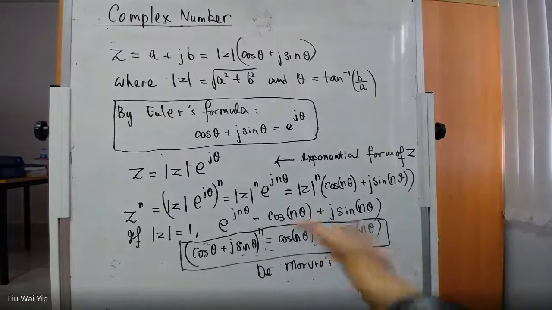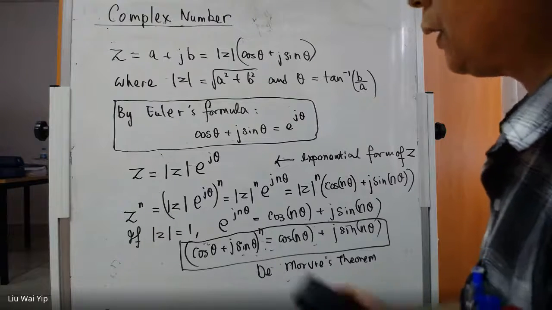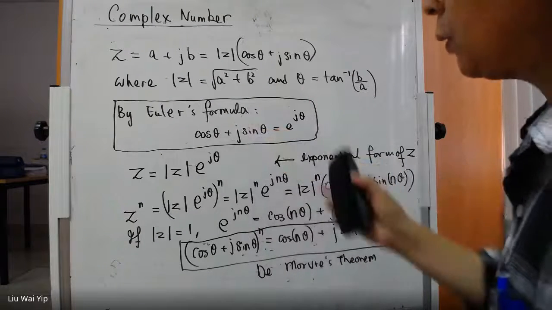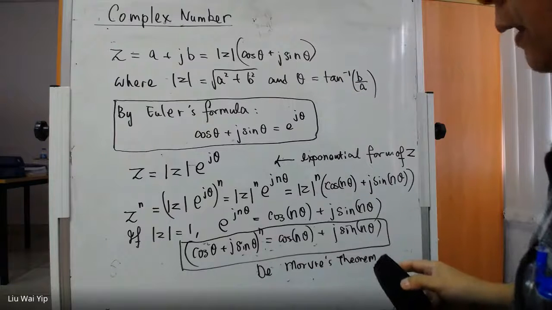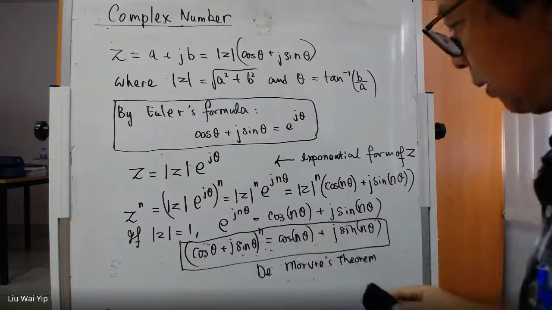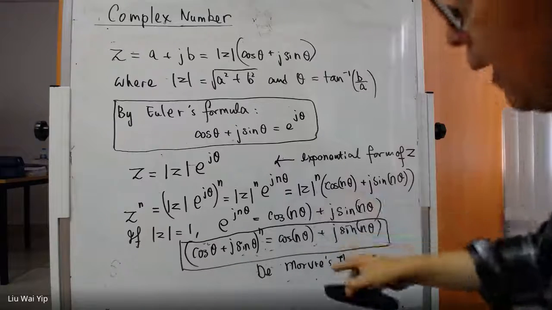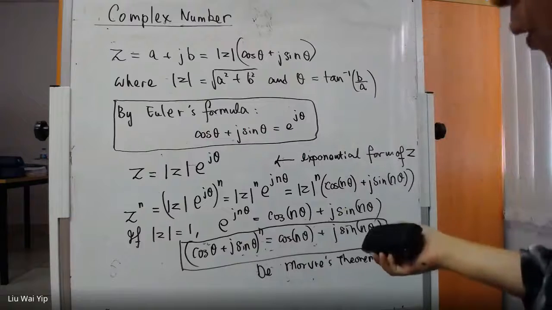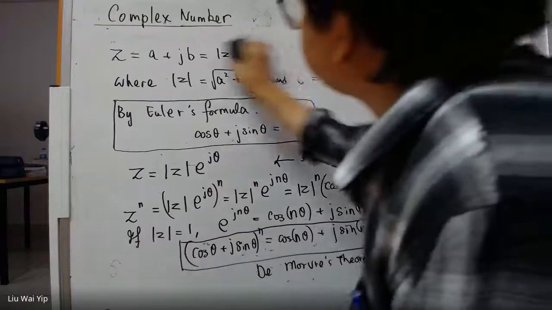Now, you have already learned how to use the Euler formula, which is the most important formula for this video. And you also managed to prove the De Moivre theorem. So we are going to apply what we have learned today to solve complex number problems.